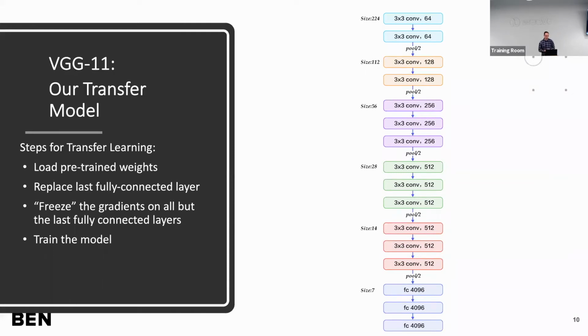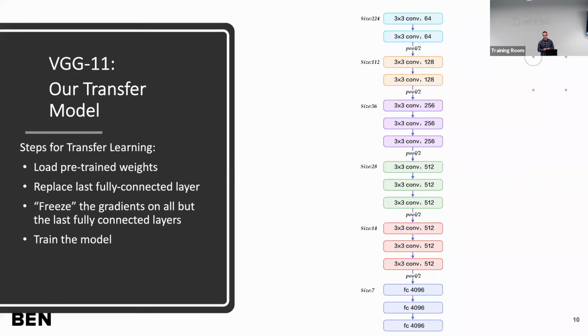So I wrote out here the steps for transfer learning. So the way this works is first we load the model with the pre-trained weights that were trained on ImageNet. Then at the very bottom, there's the last FC 4096 layer. So what that means is that there's 4,096 features going in, and coming out, there's 1,000 features, or 1,000 classes, because it's trying to predict one of 1,000 classes.